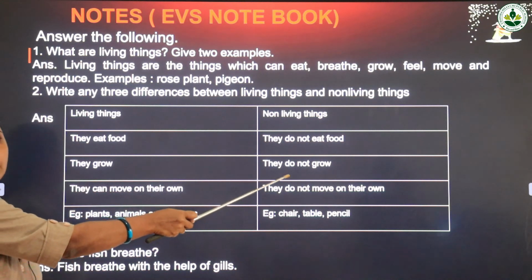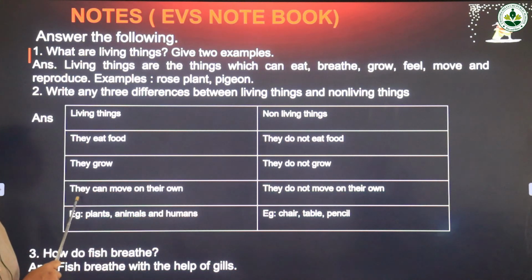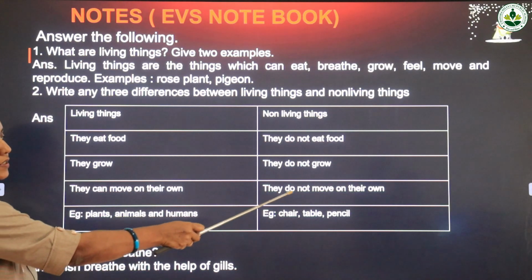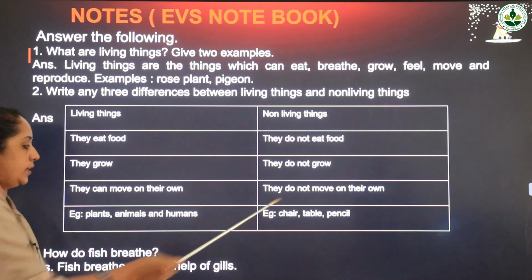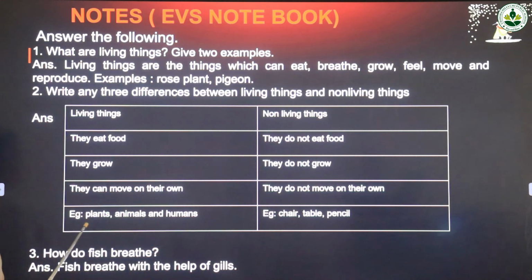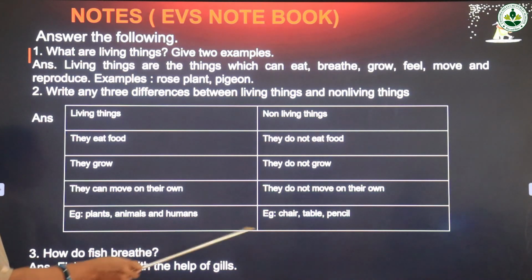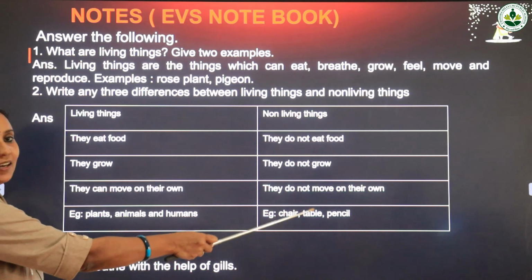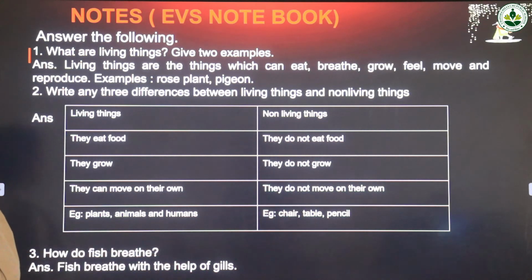Non-living things do not grow. Third point, living things can move on their own. Non-living things do not move on their own. Now examples for living things: plants, animals and humans. What about non-living things? Chair, table and pencil.